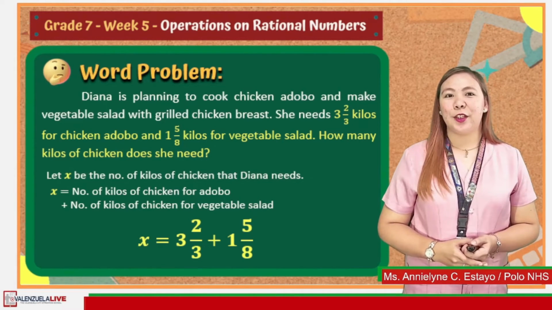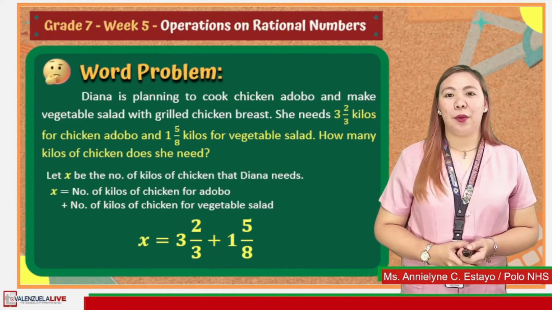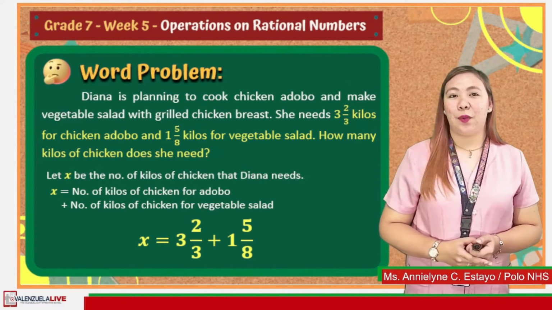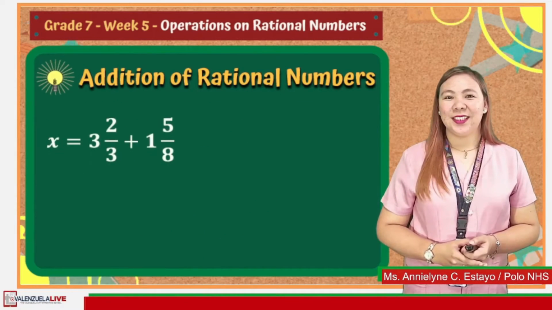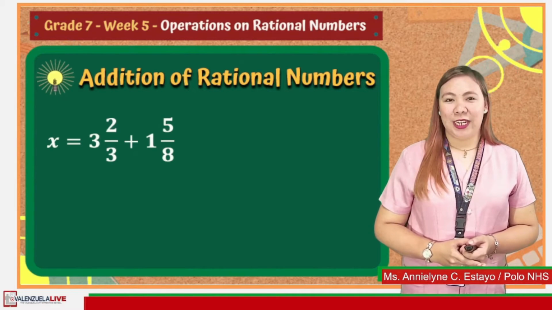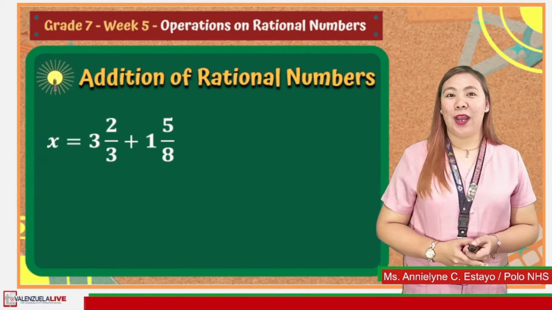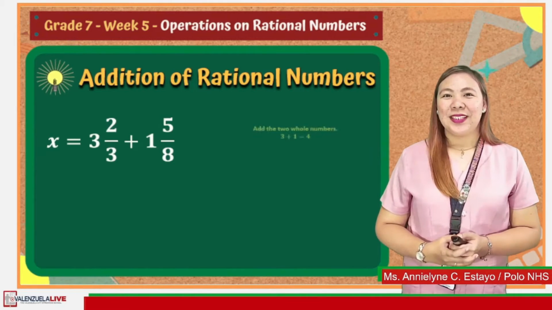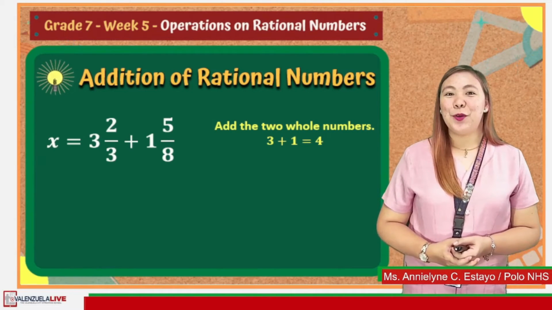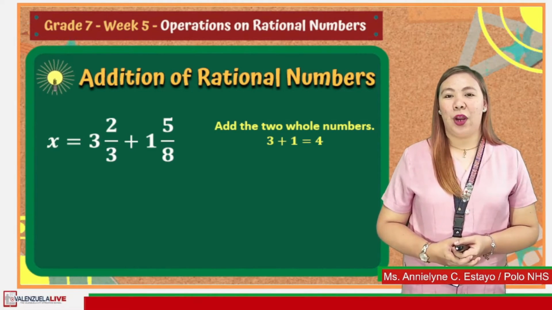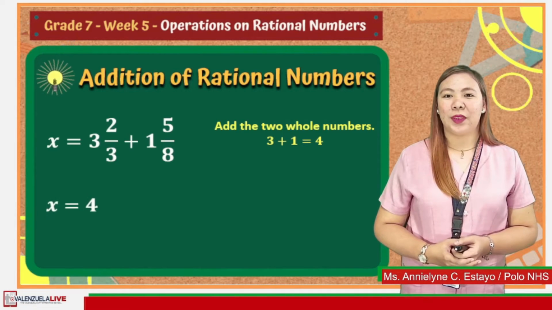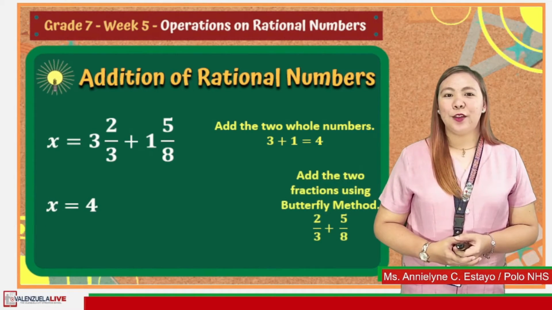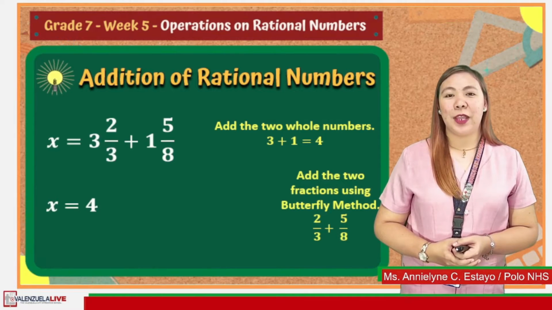The next thing that we need to do is to carry out our plan, or to solve our equation. x is equal to 3 and 2/3 plus 1 and 5/8. Add first the two whole numbers, which are 3 and 1, and the sum is 4. Next, add the two fractions using the butterfly method.